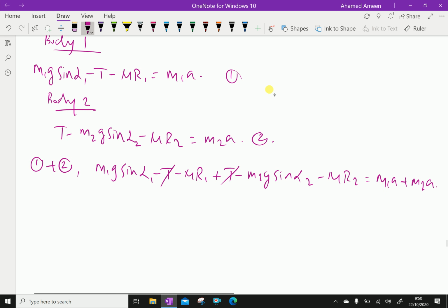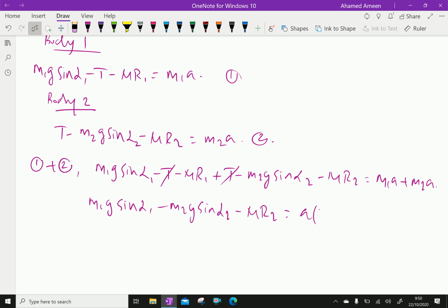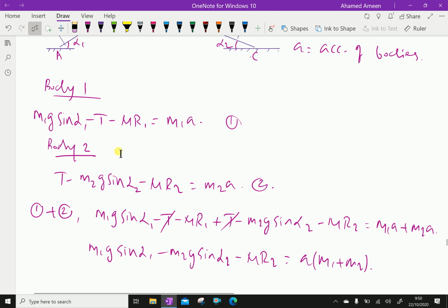Then finally, M1 g sine alpha 1 minus M2 g sine alpha 2 minus mu R1 minus mu R2 equals A into M1 plus M2. From this expression we can find the value of acceleration, and by substituting that acceleration in equation 1 or 2, we can get the tension in the string.